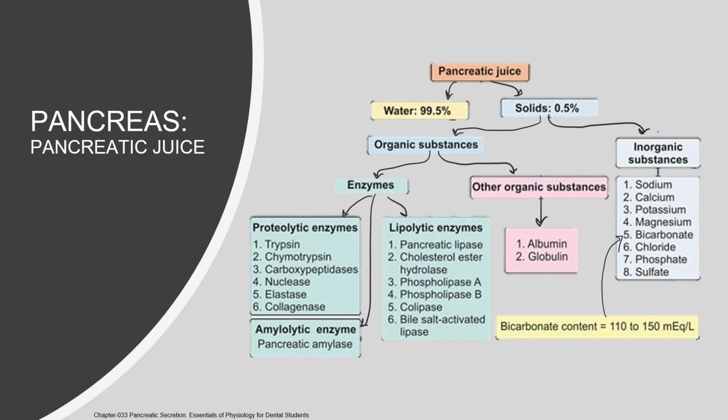So we get trypsin, chymotrypsin, and other enzymes activated in the duodenum itself. So before they enter the duodenum, before they enter the intestines, they are not active, all right? If they were, the pancreas would eat itself, digest itself.